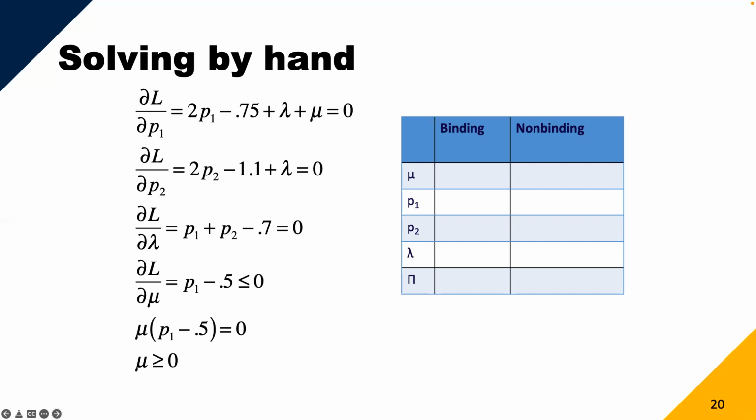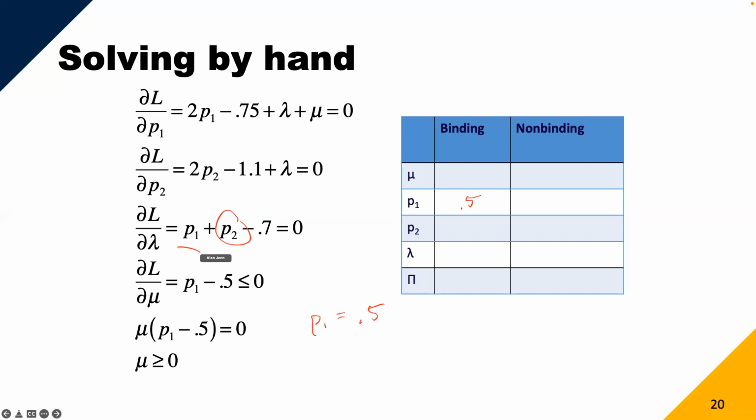So basically in the binding case, it's a little bit easier, right? Let's say in the binding case, P1 is equal to 0.5. So we'll have 0.5 here. And then I can solve for P2, because I know what P1 is.